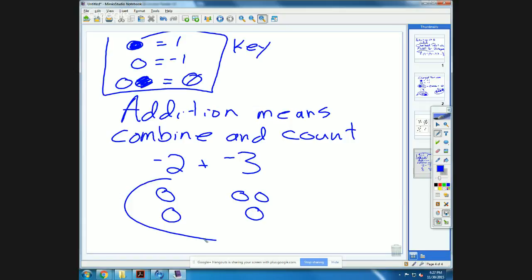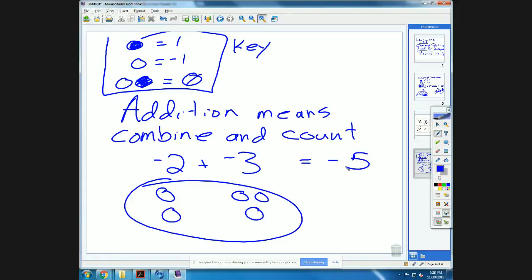Okay, put them together. What do we count here? 1, 2, 3, 4, 5. 5 what? 5 negatives. That's important. So this has to be -5.